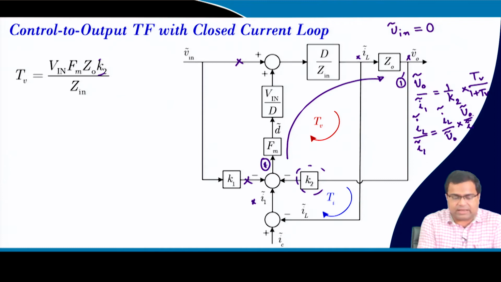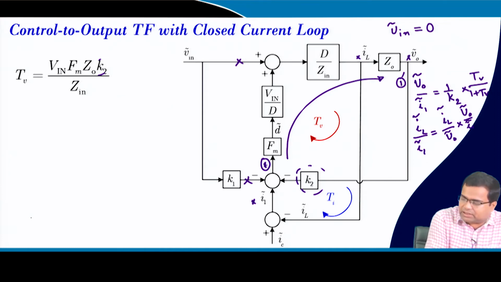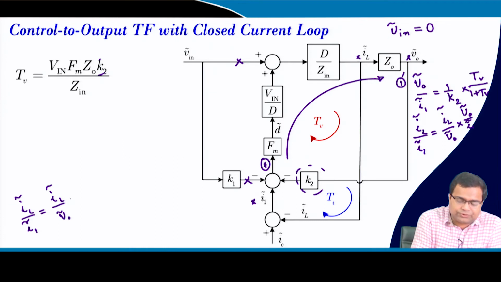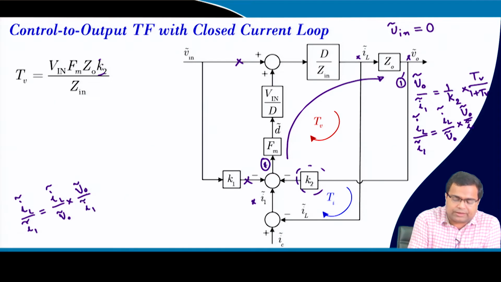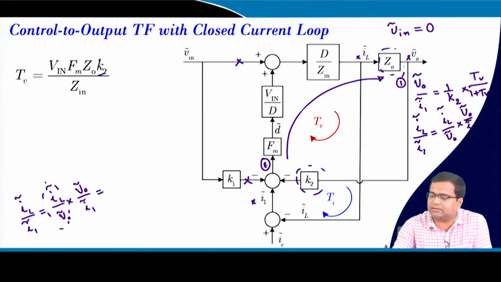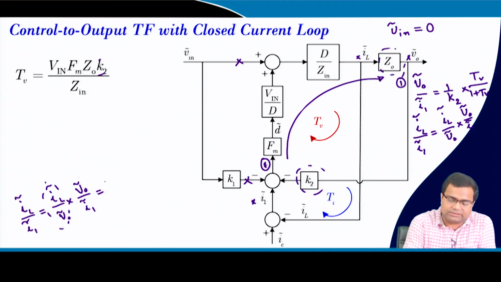Okay, so let me write here. That means we want to obtain IL to I1, which can be written as IL to V0 into V0 to I1. What is IL to V0? This term means only this impedance will come, that means it is 1 by Z0.